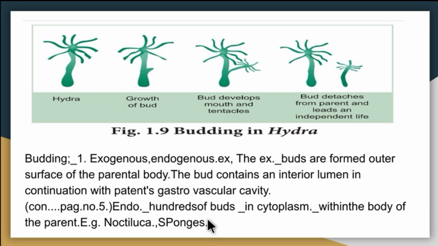Here, the sponges, this one is also called endogenous budding. Sponges are of two types, freshwater sponges and some marine sponges. A regular and peculiar mode of asexual reproduction occurs by internal buds called gemmules.